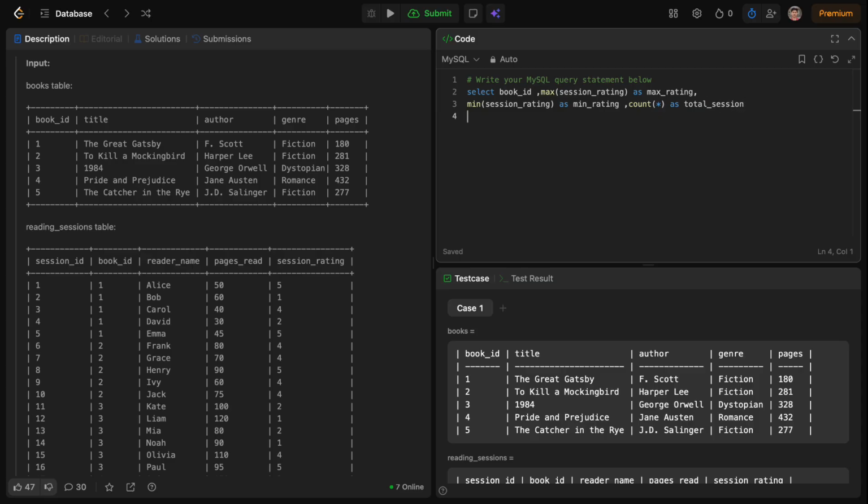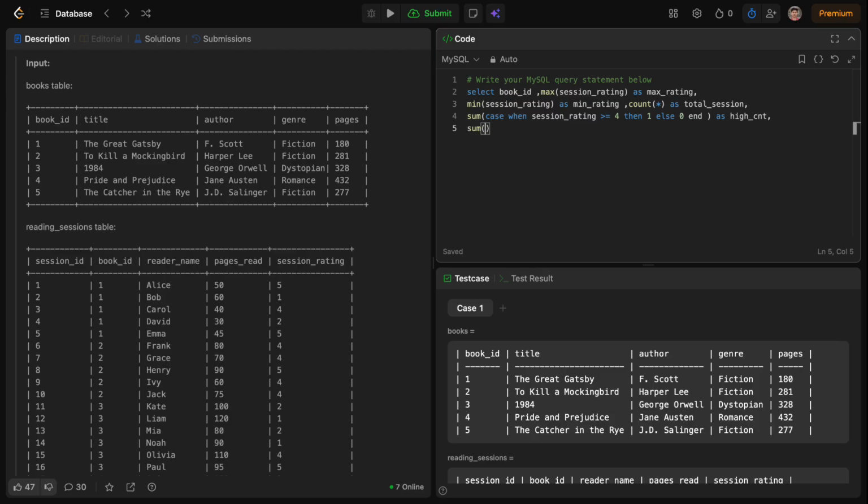Also we have to find the highest rating count, which is greater than or equal to 4. So this is a sum with a case statement: sum of case when the session rating is greater than or equal to 4, then 1 else 0, as highest count.